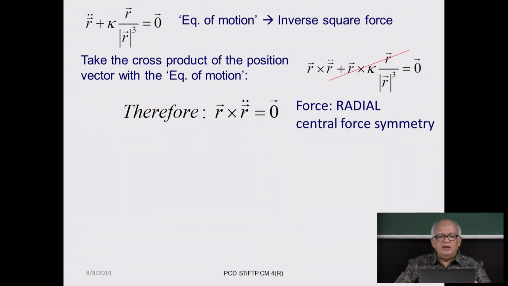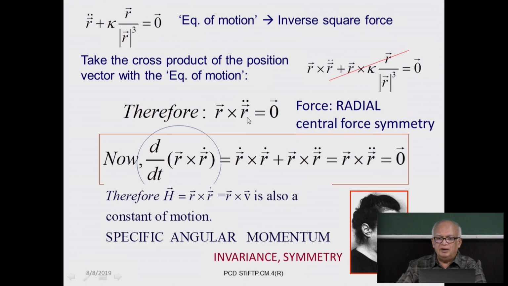And let me quickly recall that we discussed in one of our earlier discussions that if you have an equation of motion and whenever you have a radial force, the angular momentum is conserved.